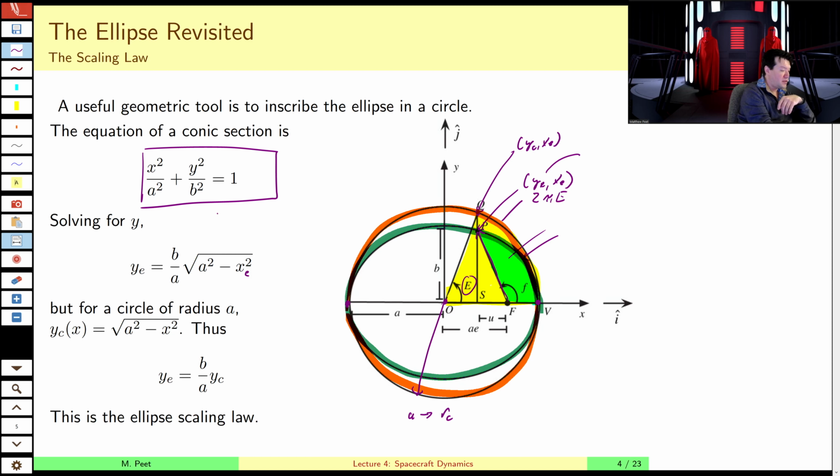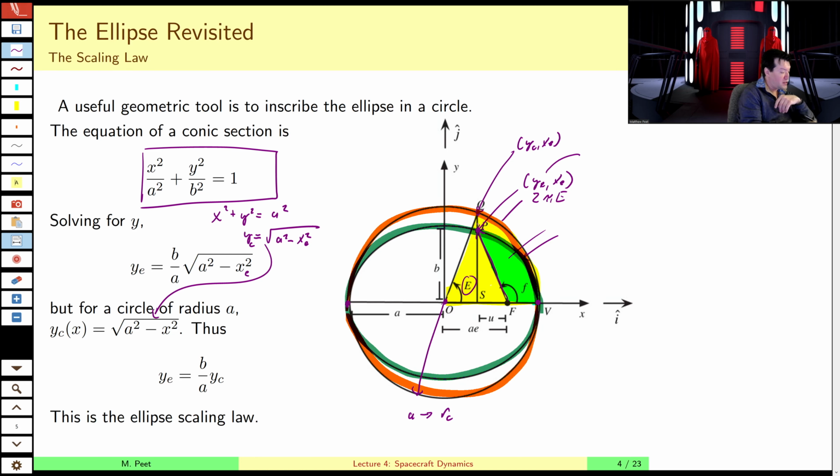The formula for the circle is the same, just slightly modified, where we take b equals a: x squared plus y squared equals a squared. That's just the formula for a circle, right? So again, we can solve this for y_c equals the square root of a squared minus x squared. And so we have an expression for the point directly above our point on the ellipse.